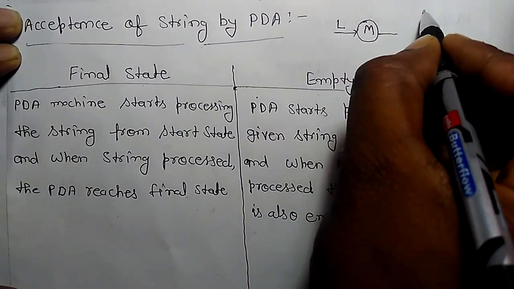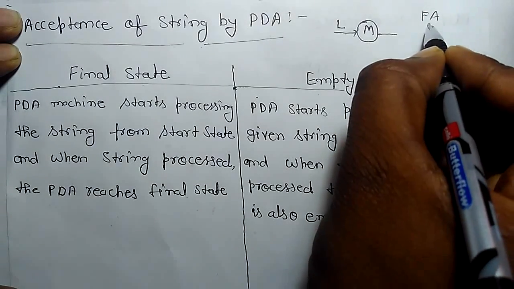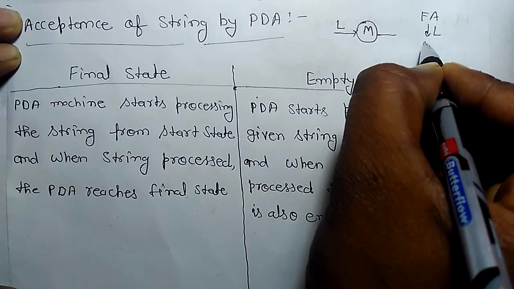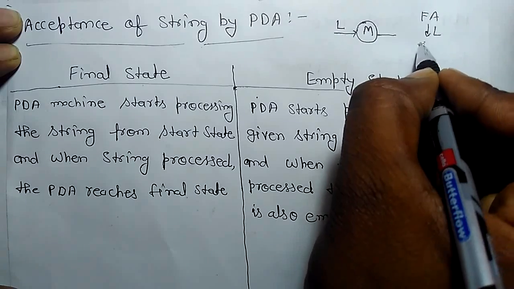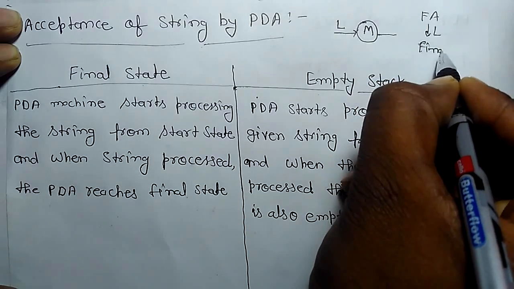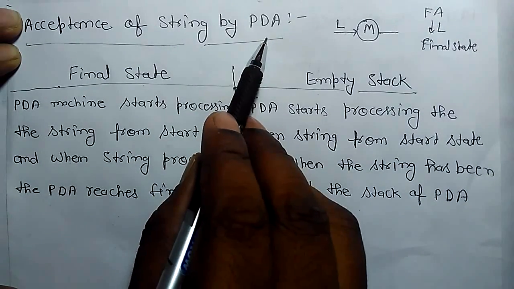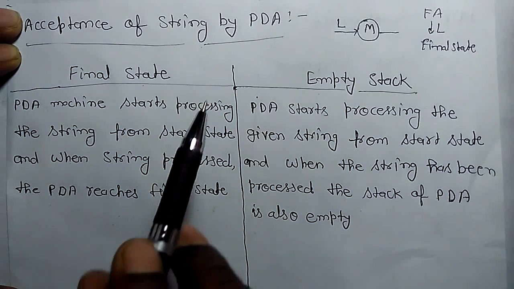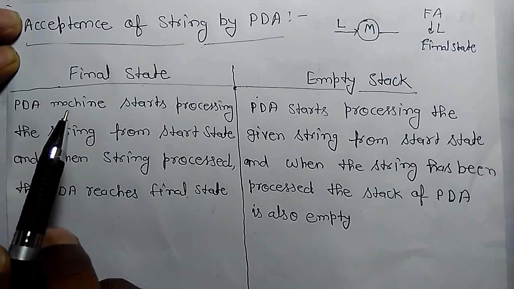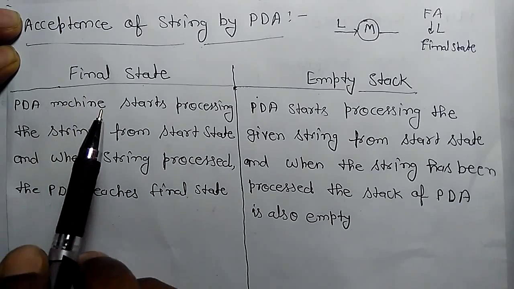While in finite automata, a language can be accepted if it reaches a final state. But in push-down automata, the language can be accepted by two methods.